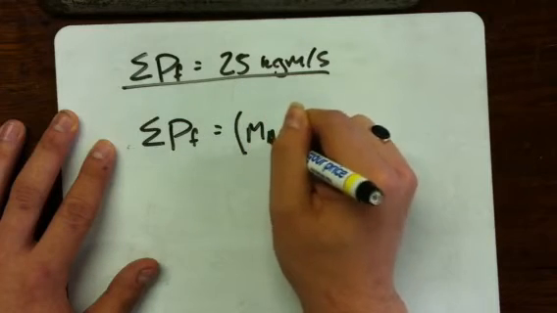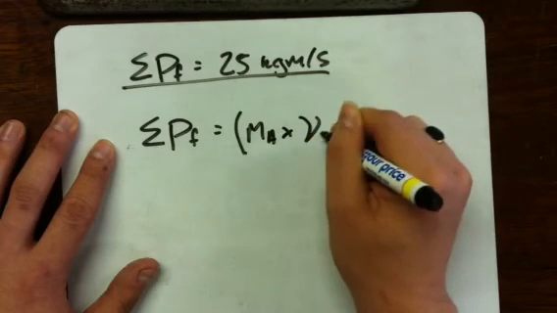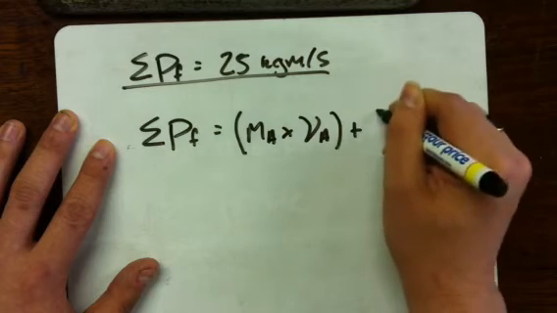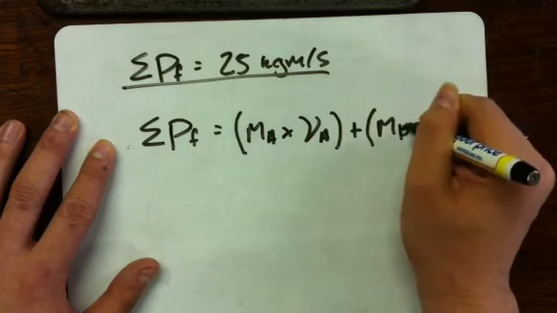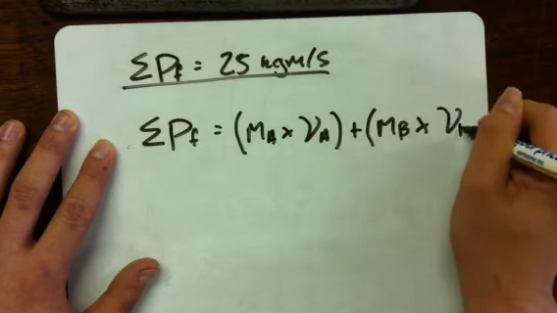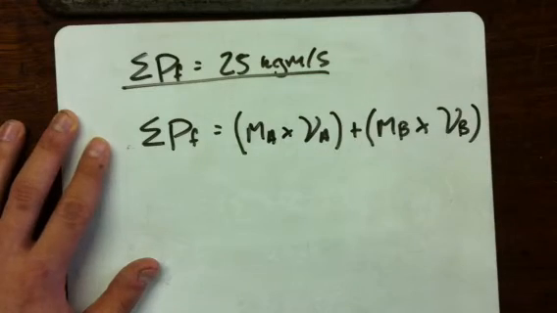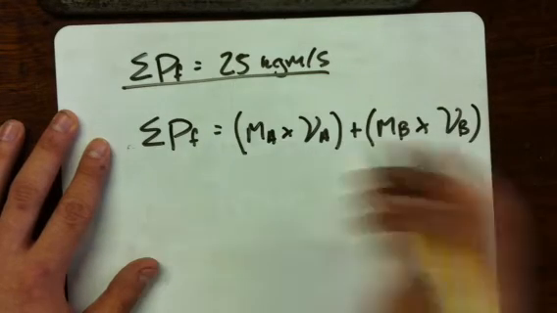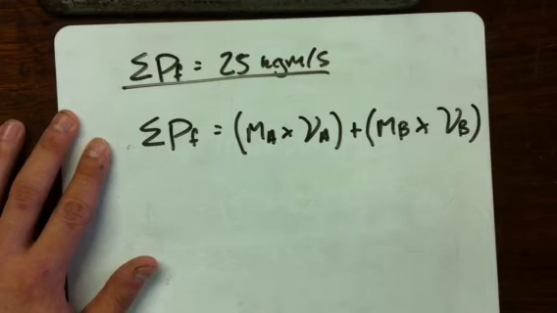So, it's going to be the mass of A times the final velocity of A, plus the mass of B times the final velocity of B. Now, usually in physics, we like to rearrange first and then put numbers in later. But this is one of those rare opportunities where I personally prefer to put the numbers in first. This allows us to see some little bits and pieces which make our life just a little bit easier.